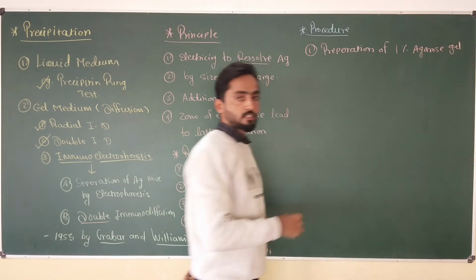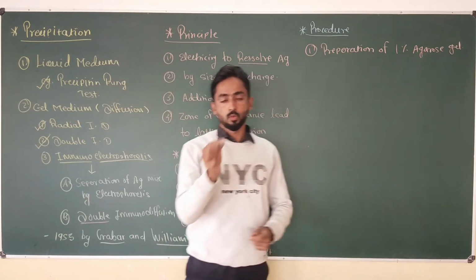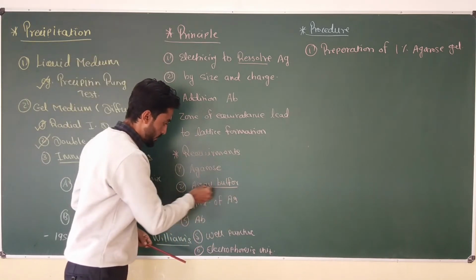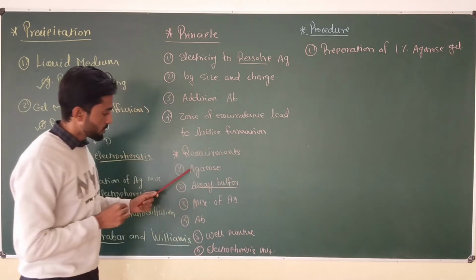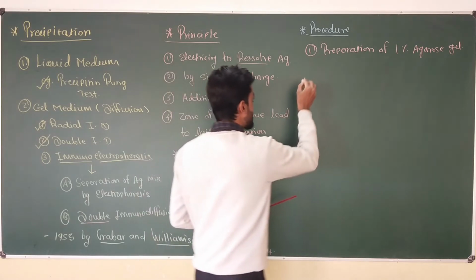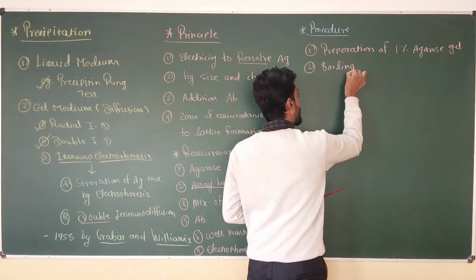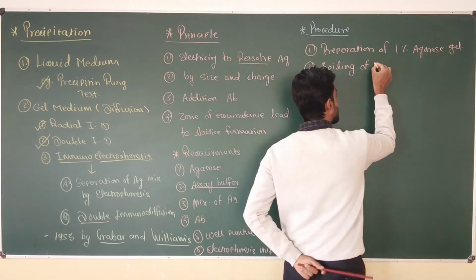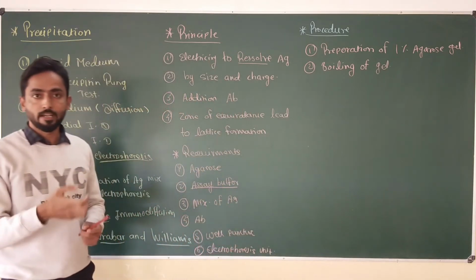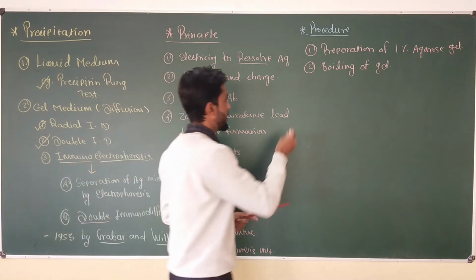In my last video I discussed in detail that to prepare 1% agarose gel you have to weigh 1 gram agarose and add it to 100 ml assay buffer. The next step is boiling the gel to dissolve it. At the time of boiling, the agarose dissolves in the buffer to produce a clear solution.